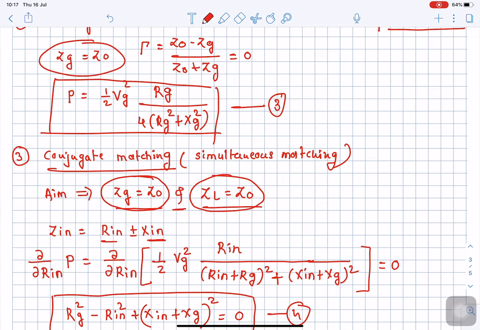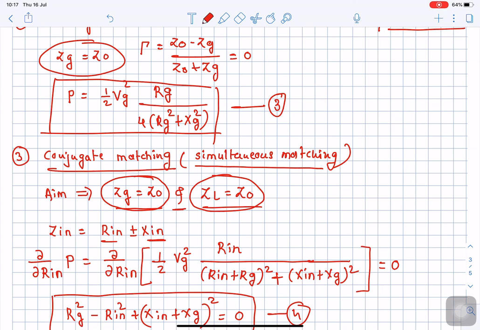So we want to match the generator with the transmission line and also the load with the transmission line. This case we call conjugate matching, or sometimes simultaneous matching, because here we need to match two quantities with the transmission line impedance: one is the generator impedance and another is the load impedance.